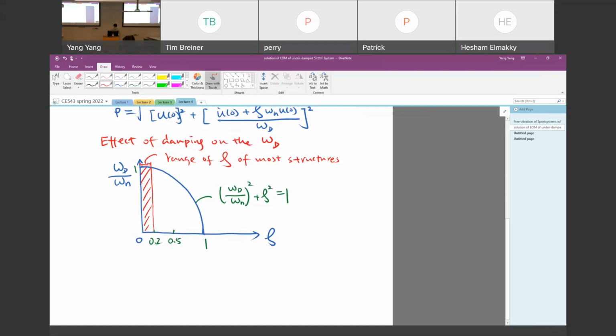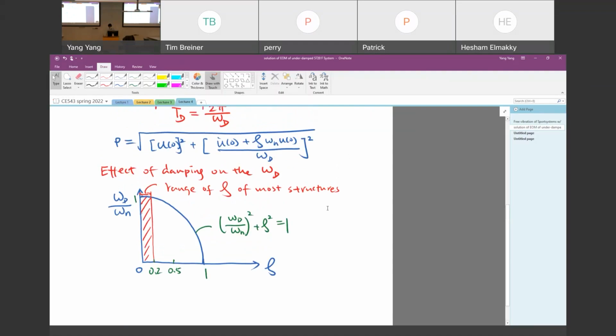The question for you is: is the damped natural frequency smaller than the undamped natural frequency, or larger?